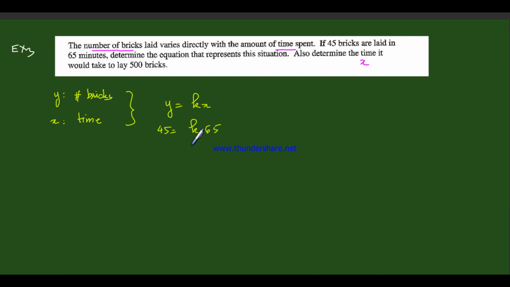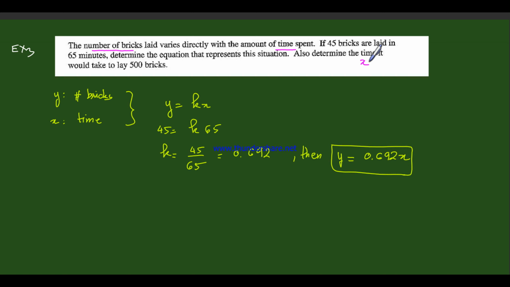But this is in minutes, so you can get k is 45 over 65, which is 0.692. And from here the direct variation equation will be y equal to 0.692x.